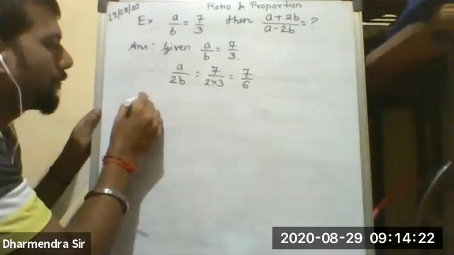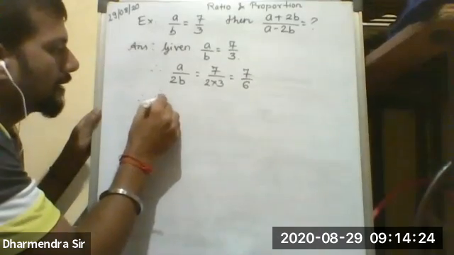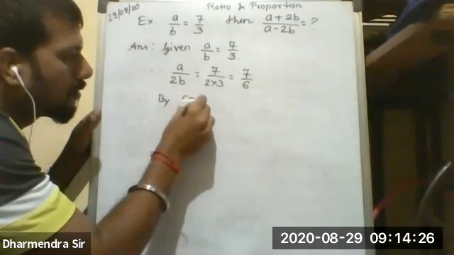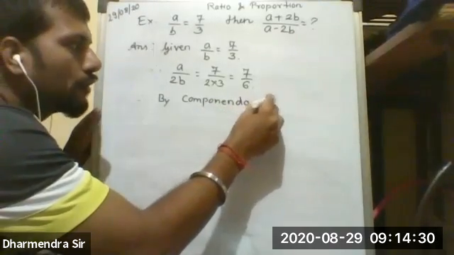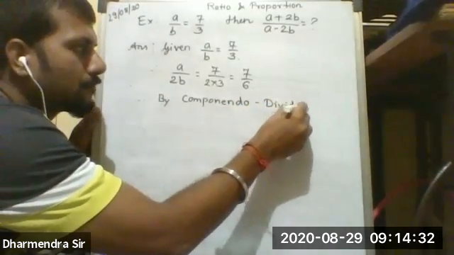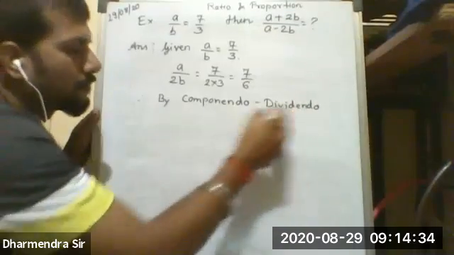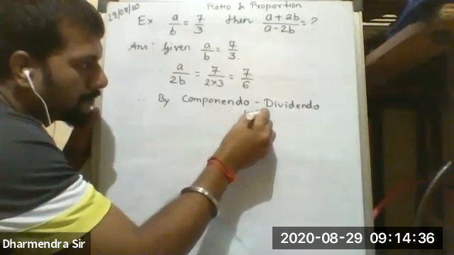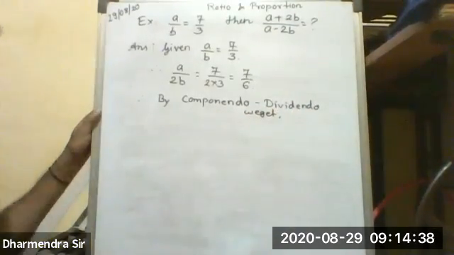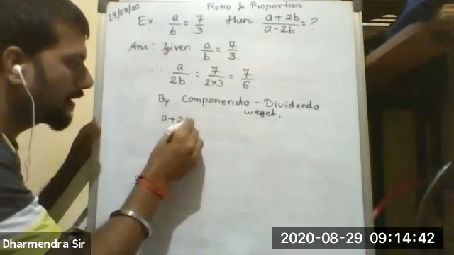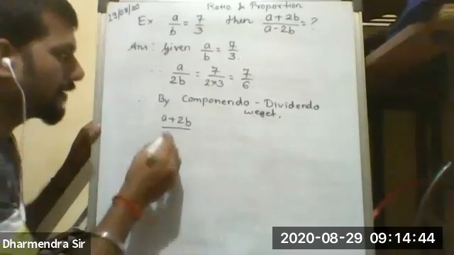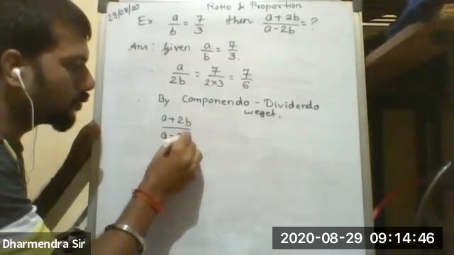So therefore, by componendo dividendo, we get, componendo says addition, that is a plus 2b divided by a minus 2b.